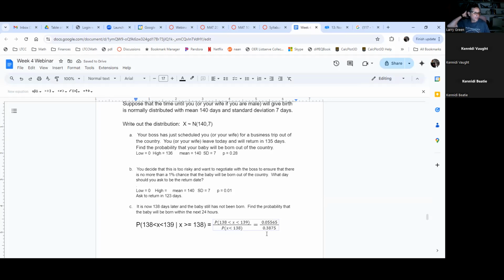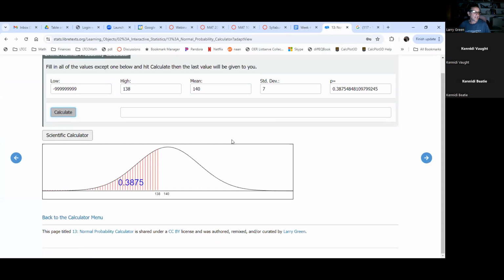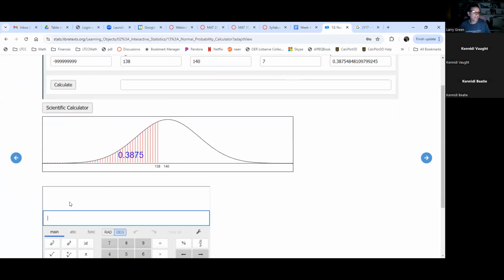And that's 0.05565. I can do scientific calculator. Divided by 0.3875.